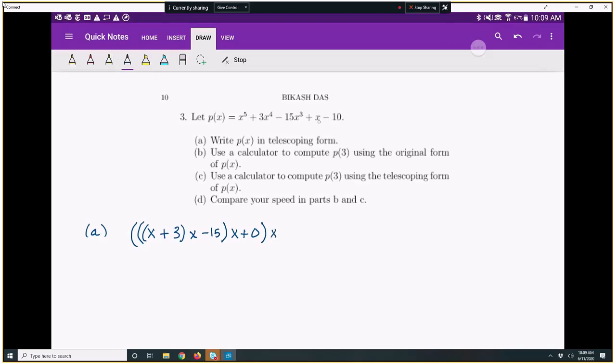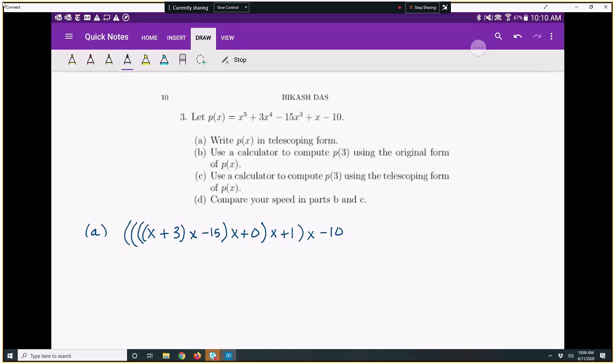Again, put my x. The coefficient of the x to the power 1 term is 1, so I put plus 1, close my parentheses, and put x. And then the coefficient of the constant term is minus 10. And that's the last coefficient, so I'm done.